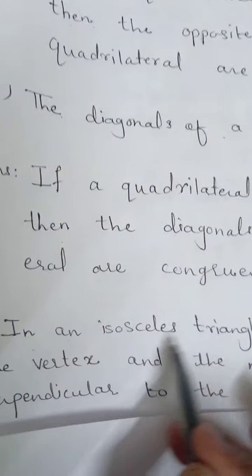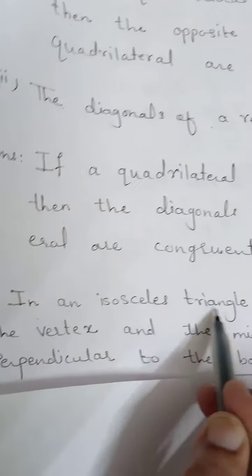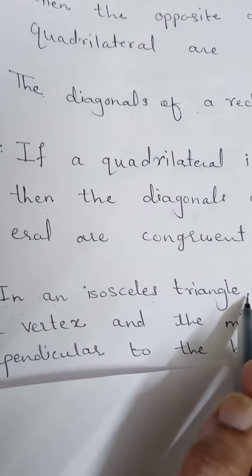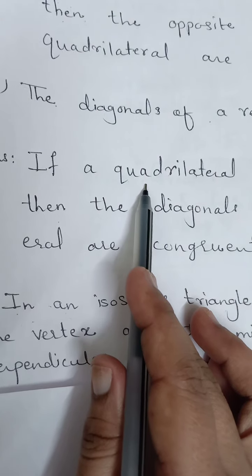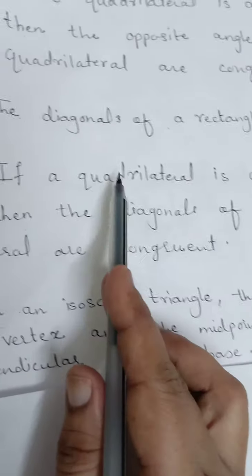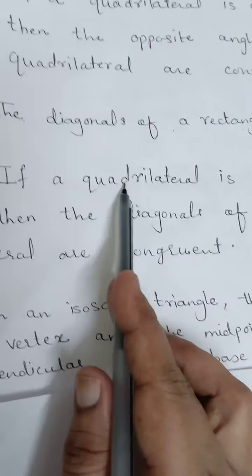Only the change is in the first statement before this comma. This you have to remember: if a triangle is an isosceles triangle. As we were taking a quadrilateral, now in the place of quadrilateral we will take triangle.